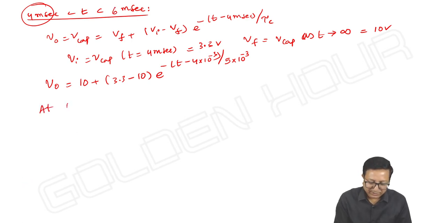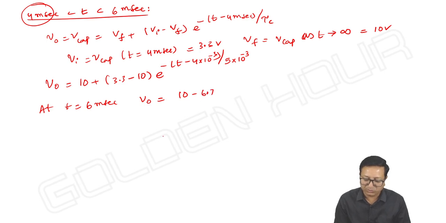So at t equal to 6 milliseconds, V output is equal to 10 plus (3.3 minus 10), which is minus 6.7, into e power minus (6 minus 4) by 5, so e power minus 2 by 5, which is e power minus 0.4. Its value is 0.67.